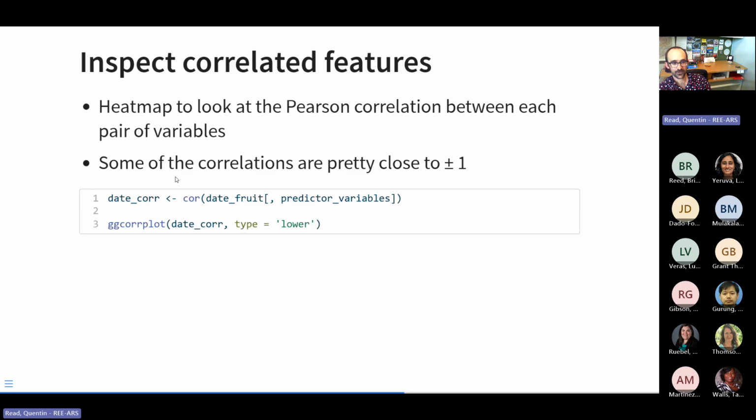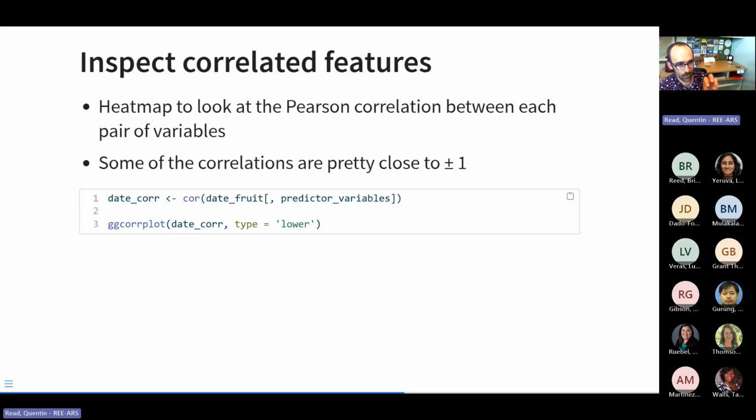Now, I told you before that it's good to get rid of predictor variables that are highly correlated with one another. We're going to calculate the correlation coefficient between all pairs of those 34 variables. And then this ggcorrplot is a function that makes a correlation heat map, so we can see which variables are correlated more highly with one another.